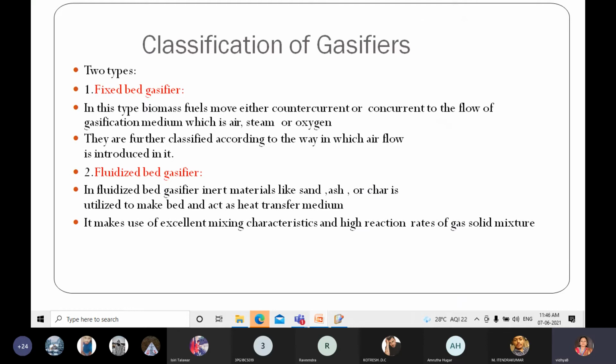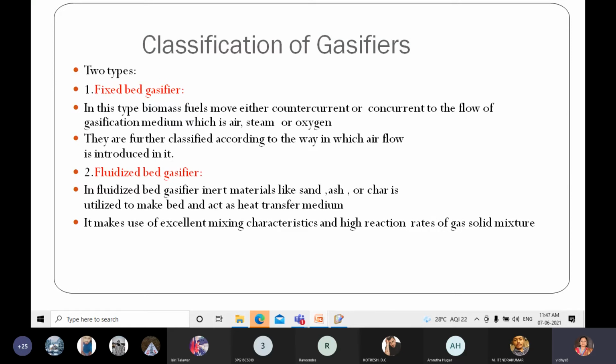Next, the classification of gasifiers. There are two types: fixed bed gasifier and fluidized bed gasifier. In the fixed bed type, biomass fuels move either counter current or concurrent to the flow of the gasification medium, which is air, steam or oxygen.